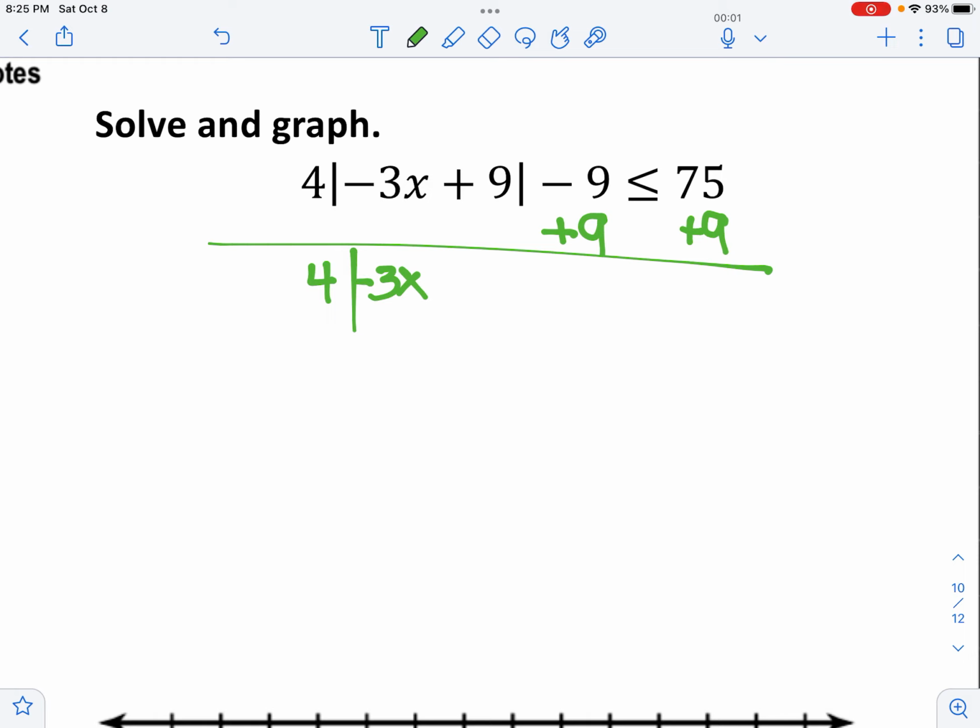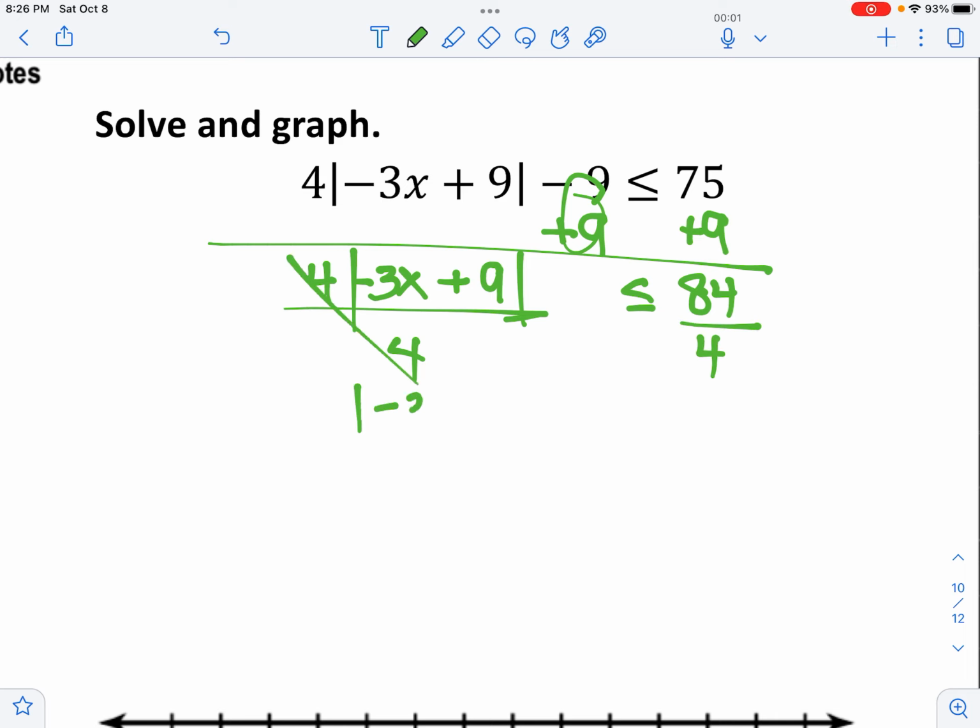Oh, that's negative. Okay, that's 84, so we're going to divide by 4. 84 divided by 4 is 21.